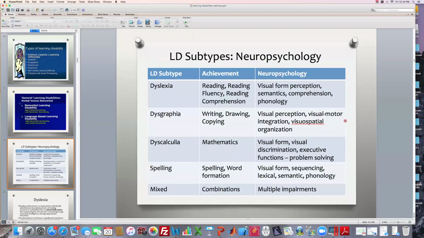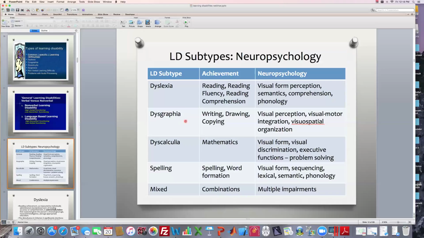So now we want to break that down into learning disability subtypes based on neuropsychological or cognitive dysfunctions. So in our primary group of dyslexia, which covers most learning disabilities, of course, there's a primary deficit in reading and/or comprehension, and typically what we see are deficits in either visual form perception, semantics, comprehension, or phonology, or any combination of those deficits.